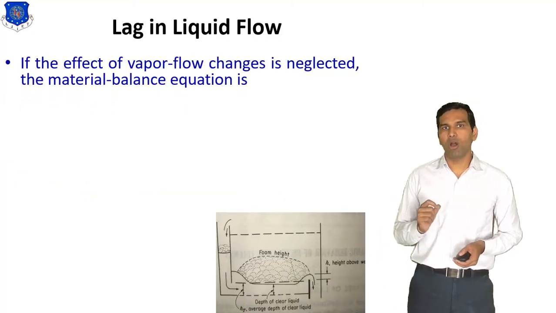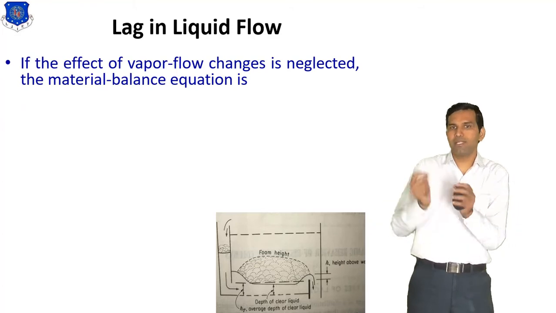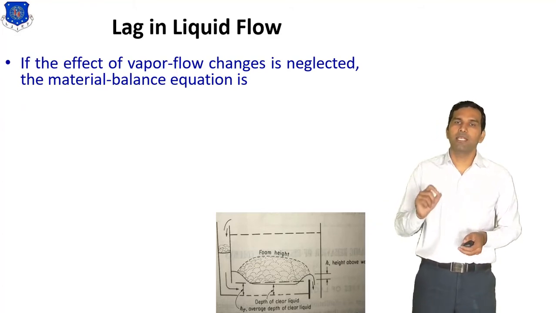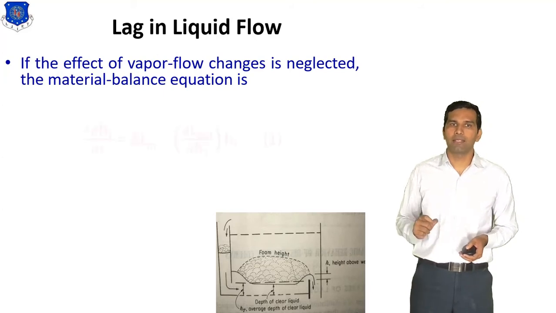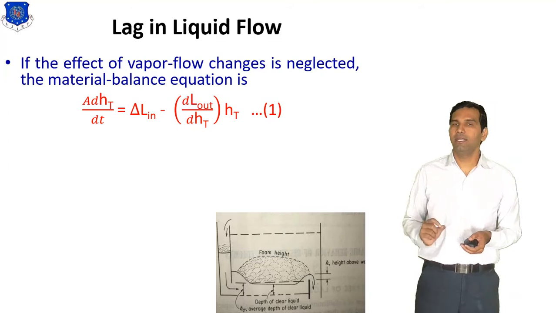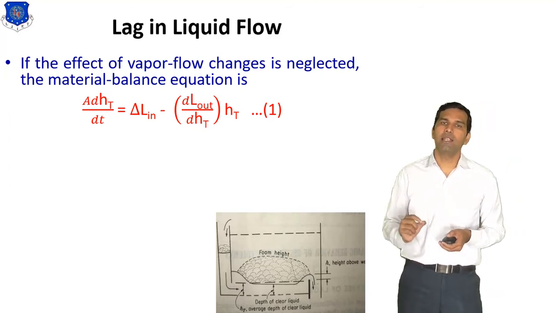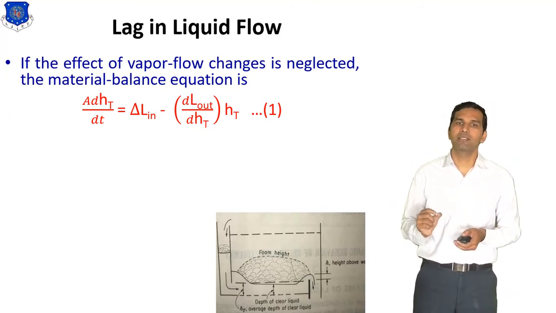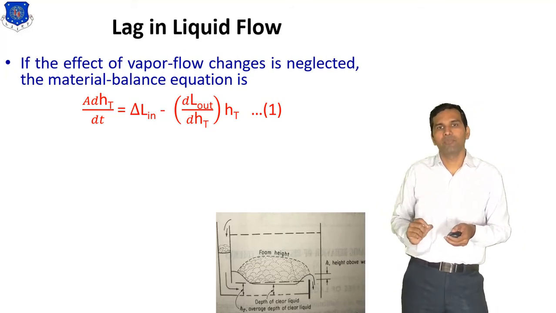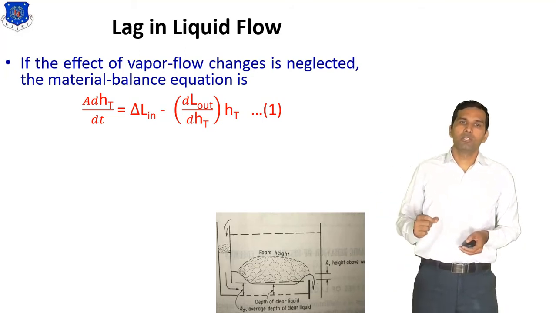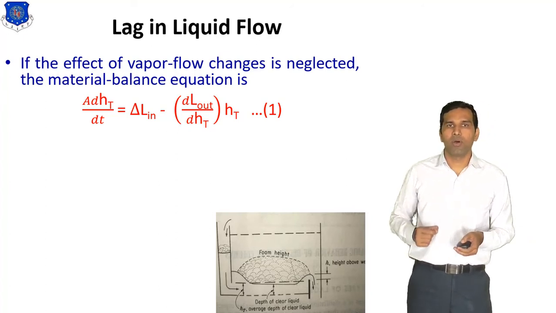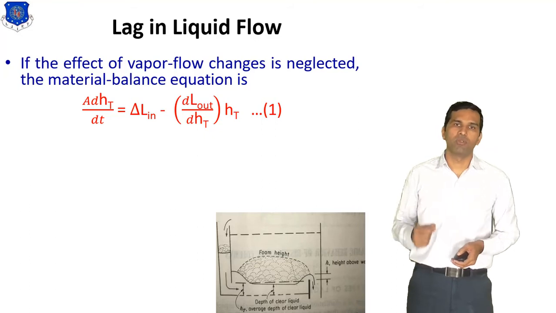If the effect of vapor flow changes is neglected, the material balance equation is written as A dHT/dt = ΔL in − ΔL out. This is the material balance equation for the lag in the liquid flow.